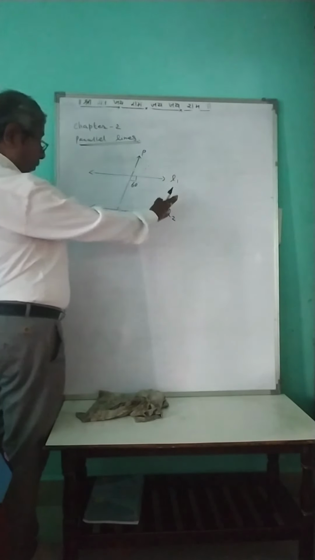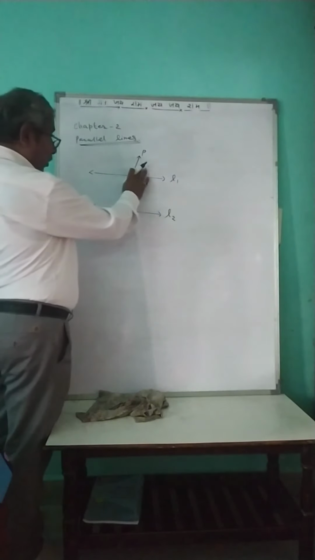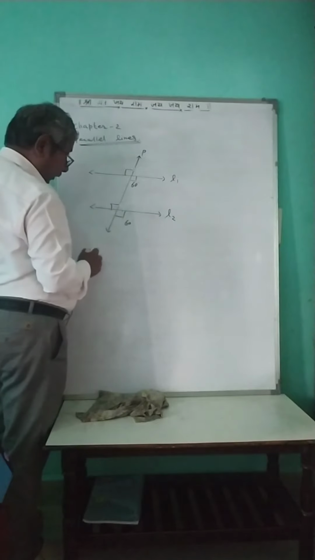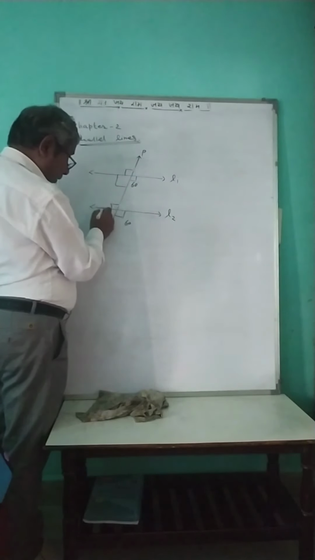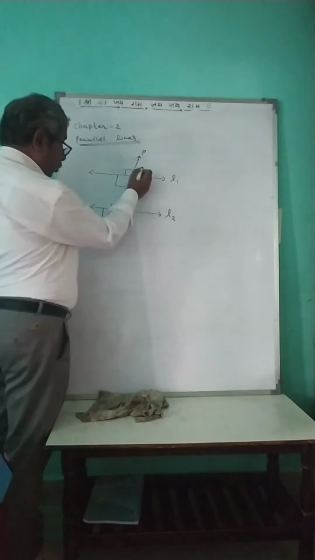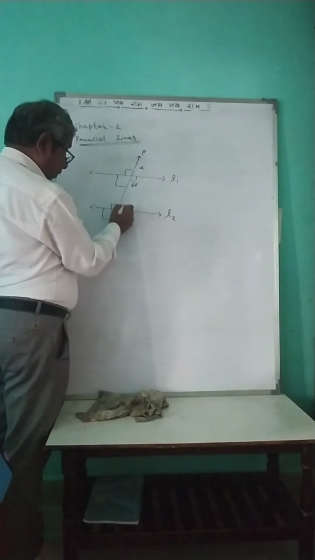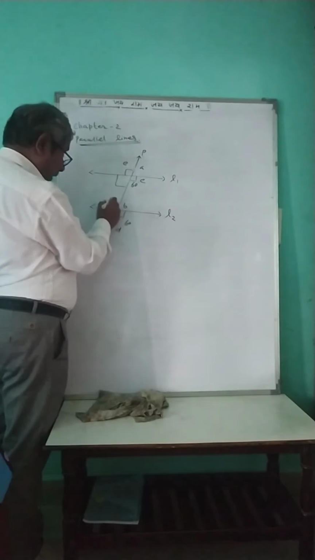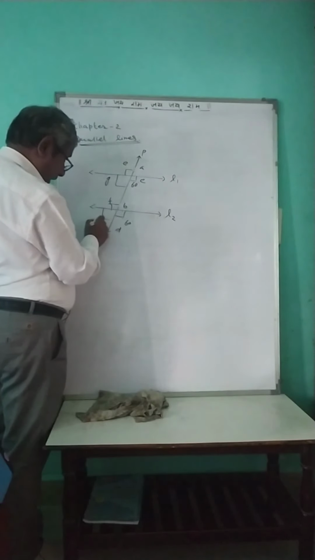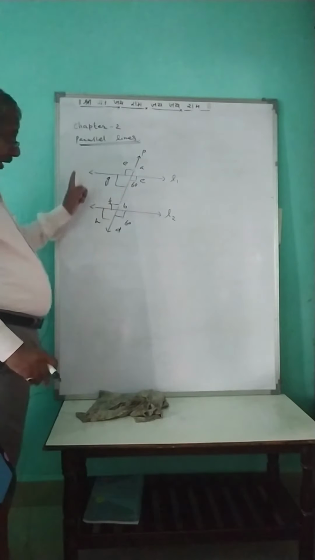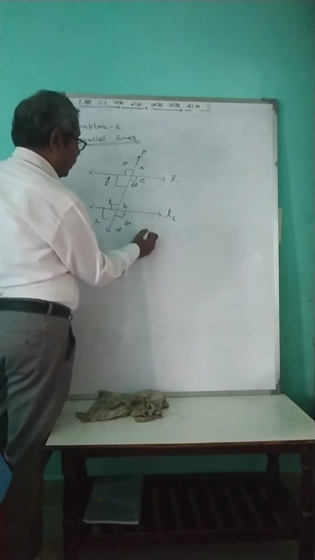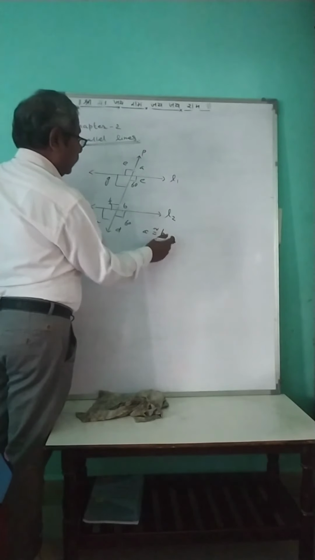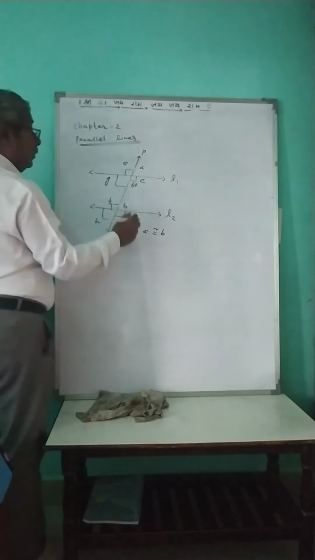This is one pair on one side, and this is the pair on the other side. This is also a pair on the other side. So suppose we denote the angles A, B, C, D, E, F, G, H, then angle A is congruent to angle B. This is also a corresponding angle.